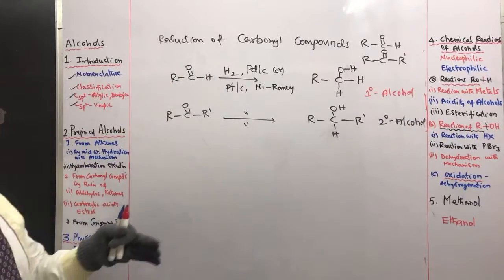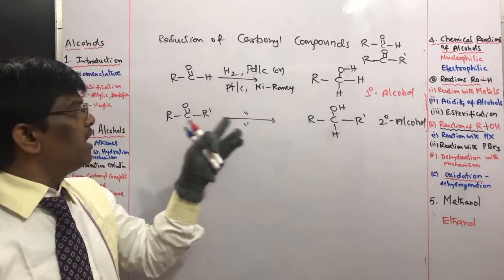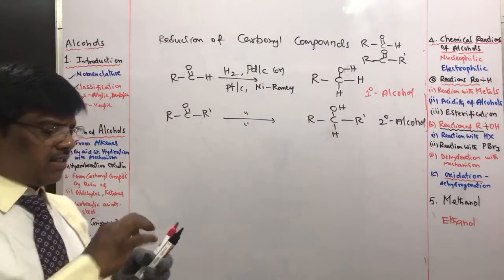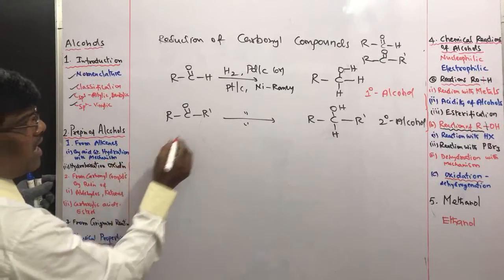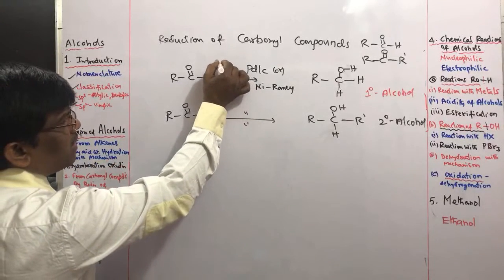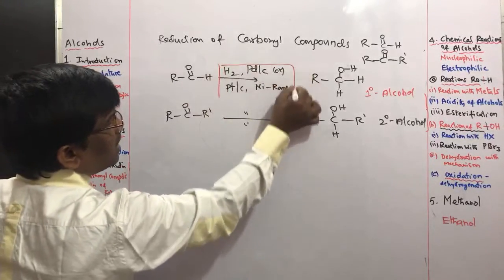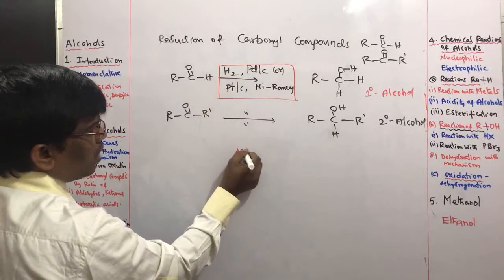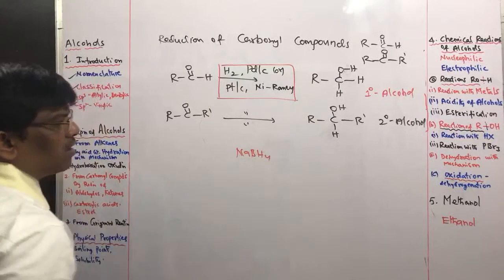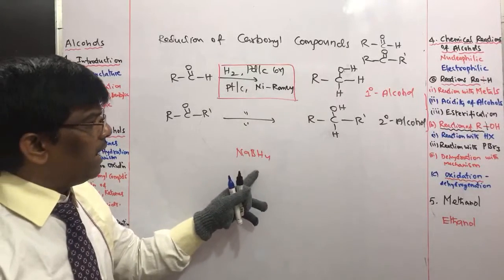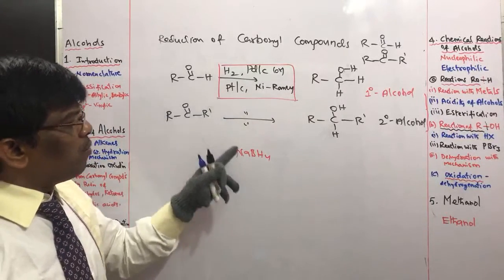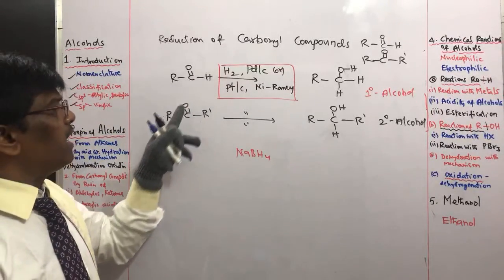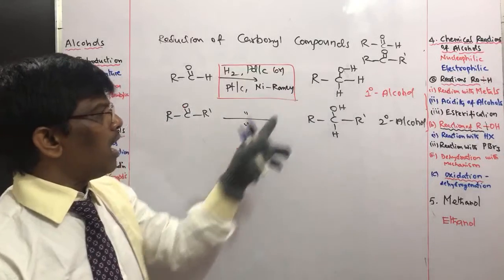Yes. So what are the reducing methods for the reduction of carbonyl compounds? Dear students, there are various methods. However, for your understanding, instead of hydrogen and Raney nickel and all these things, you can use simple sodium borohydride. Sodium borohydride reduces carbonyl compounds, aldehydes and ketones, to alcohols.